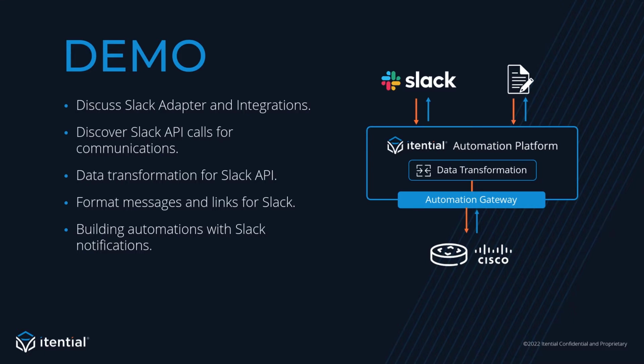Data transformation always builds upon integrations, because as you integrate multiple systems, whether they're network systems or IT systems, messaging and notifications, Slack and the like, you always need to query, update, create new messages, update messages, create new tickets, query network devices, things like that.